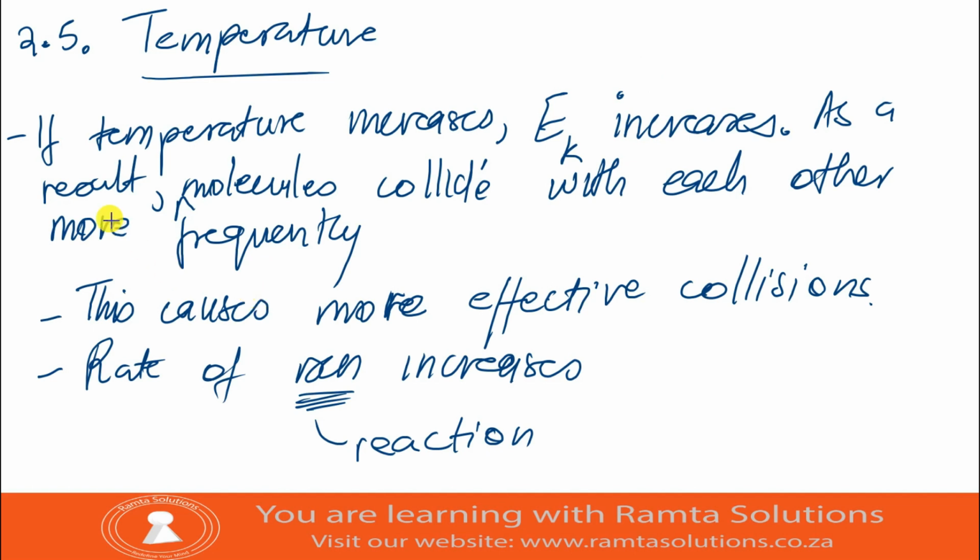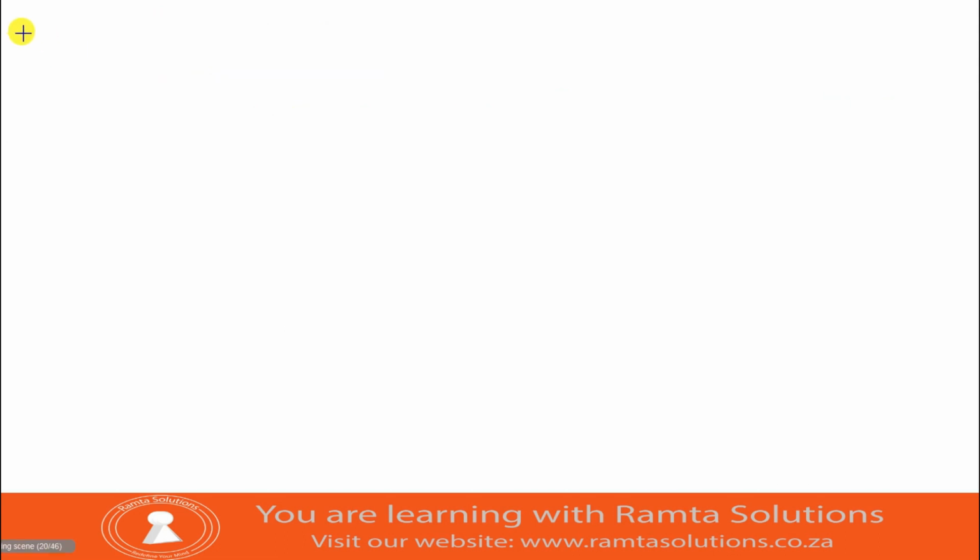What we are basically trying to say here is this: the higher the temperature, the greater the kinetic energy of the particles that are reacting. Now, let's go to the last item.